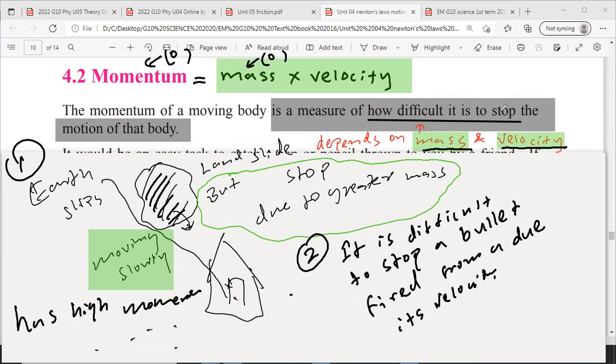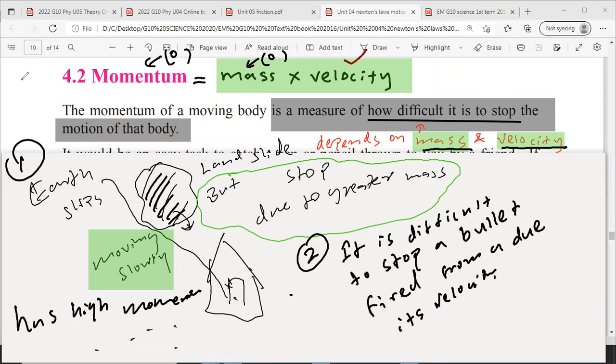So the equation is very, very important. Please put three stars for the equation.